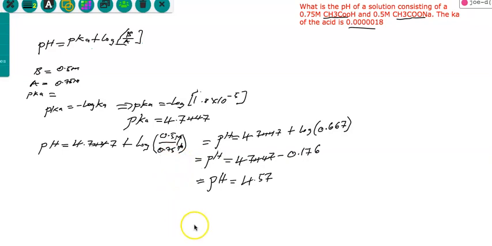Now let's look at another type of question. Here we are required to determine the pH of a buffer containing 0.15 mole of ammonium chloride and 1.5 mole of ammonia, and the Kb of the ammonia is given as 1.8 times, again, 10 raised to the power minus 5.